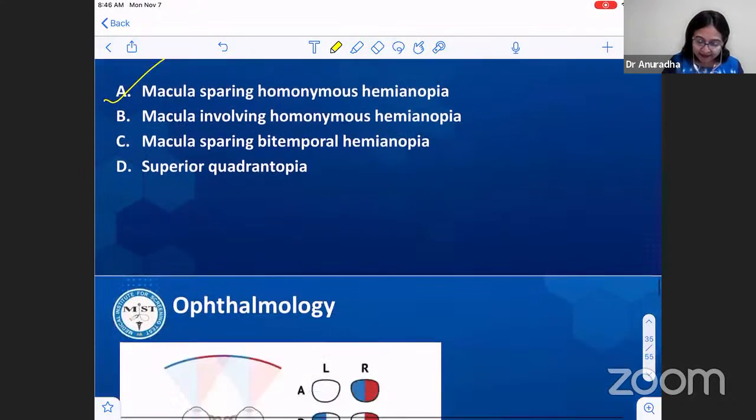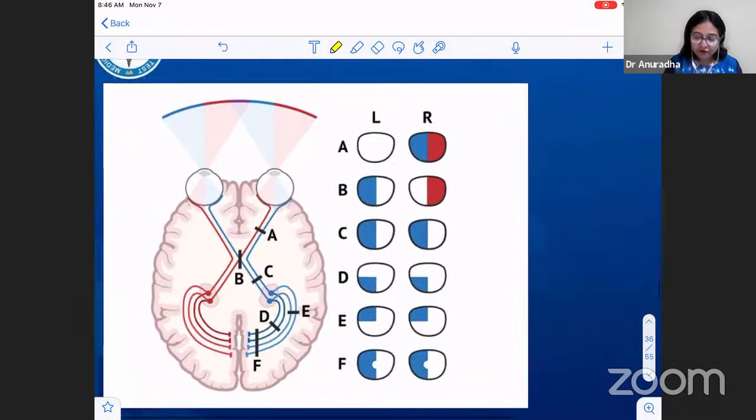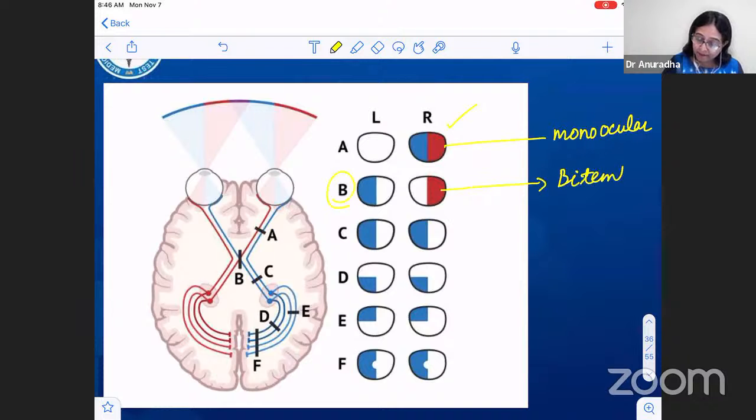Perfect. And let's quickly revise the different lesions with the visual field defects. If the optic nerve is gone, then it will be a monocular defect. If the optic chiasma is involved, then you get bitemporal hemianopia.